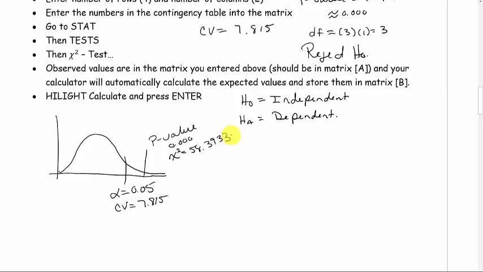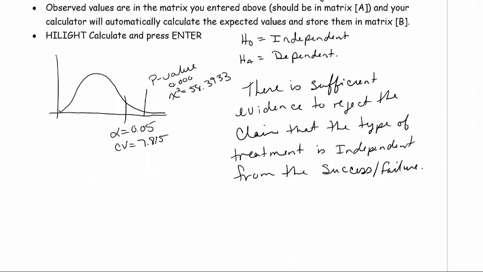So now we need to write out our conclusion. We're rejecting the null hypothesis, and so that means that these are not independent, they're dependent. So our conclusion is that there is sufficient evidence to reject the claim that the type of treatment is independent from the success or failure.